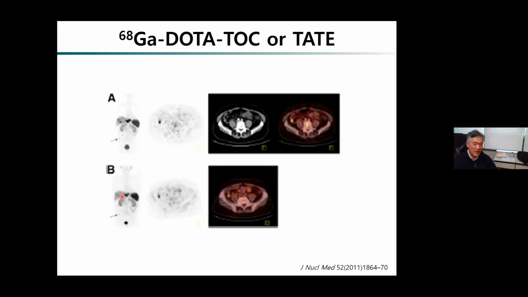So that's why the affinity to a specific receptor is different with these two compounds, and that's why the image is slightly different. But the normal combination is gallium DOTATATE imaging and also lutetium DOTATATE treatment in the clinical routine nowadays.